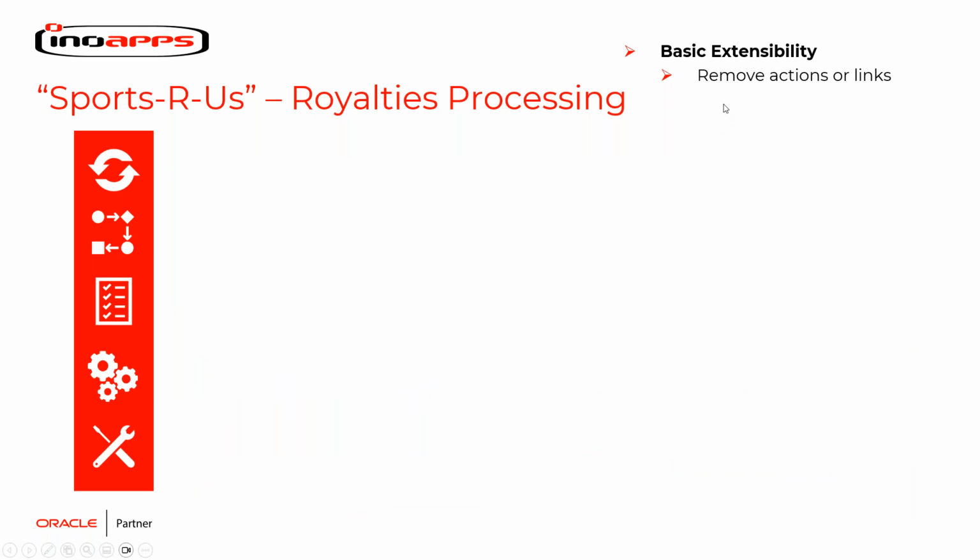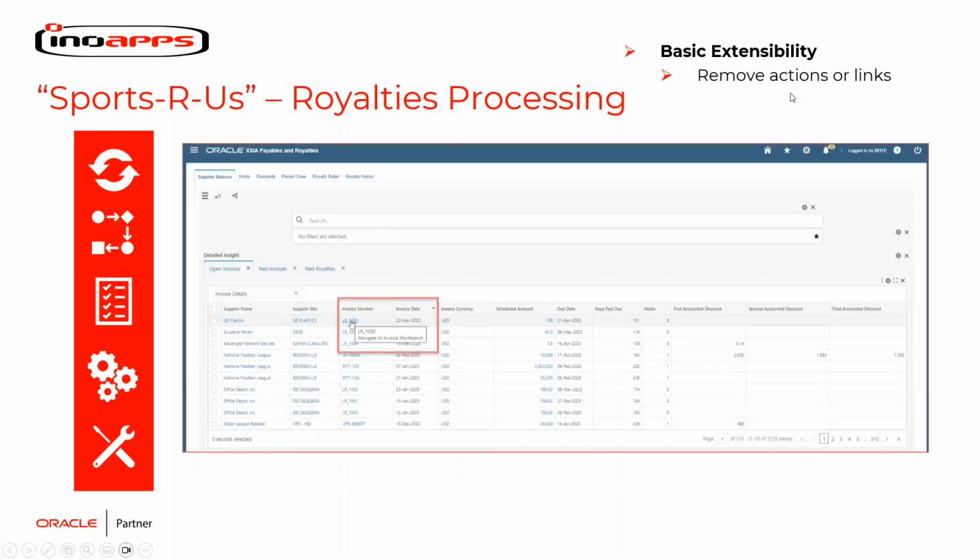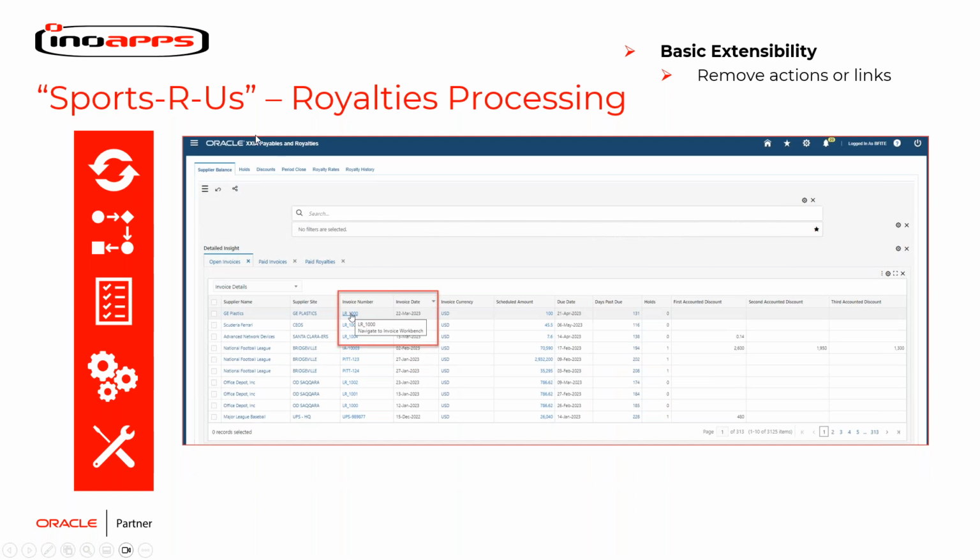Pam alluded earlier that we've got a segregation of duty here and that removing actions and links is an option. Now, as the Payables and Royalty Manager group of users, yes, they're responsible for making sure that royalties get paid, but they're not necessarily the ones running payments.